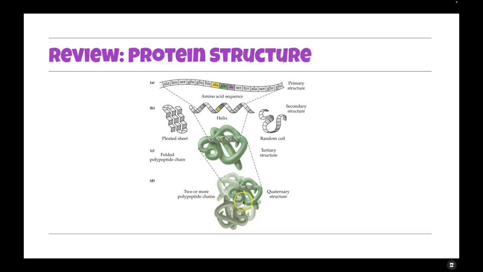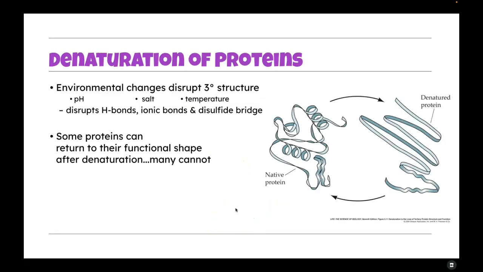And our quaternary structure can have any bond, hydrogen, covalent, ionic, but it's between the R groups of different polypeptides. So this is between the R groups of one polypeptide chain, and this is between the R groups of many polypeptides, which could be 2 or more polypeptide chains.